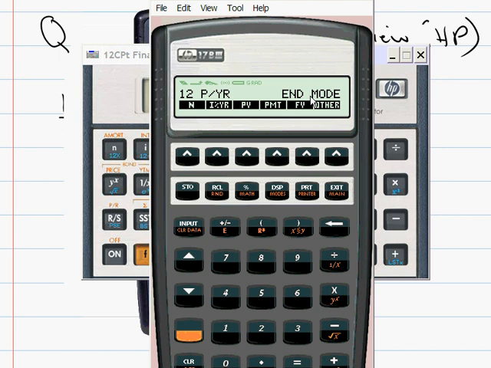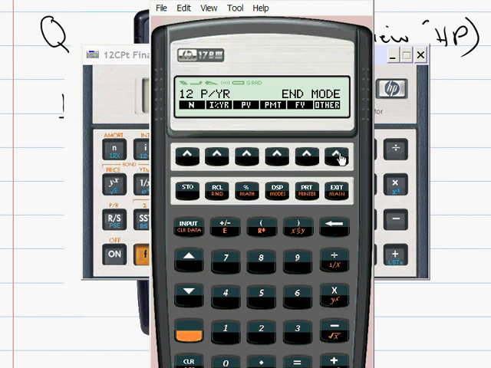Occasionally, there'll be times where we have to switch the calculator to what's called begin mode, BEGIN, or sometimes abbreviated on the calculators BEG or BGN. In fact, if your calculator is in begin mode, this is kind of a special situation, and usually the calculator somewhere on the screen will have a BGN or BEG. But it's in end mode right now, and I want to keep it there primarily.